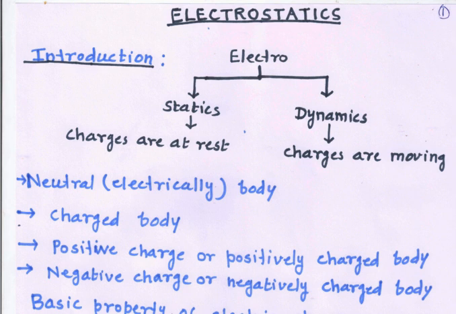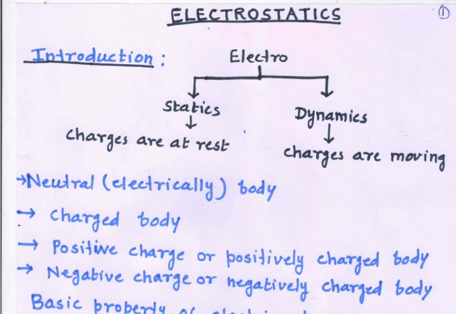This process of charging is something you studied in earlier standards: by frictional electricity, by rubbing two objects, like a glass rod rubbed with fur or an ebonite rod rubbed with silk, both bodies become charged and they will either attract or repel each other. We will see later that like charges repel each other and unlike charges attract one another.